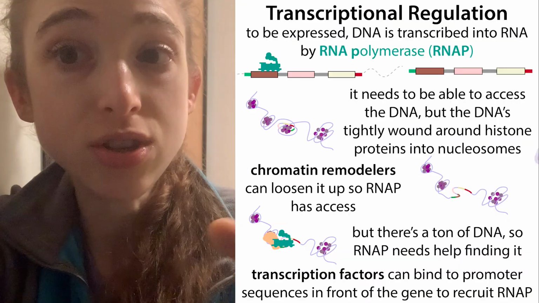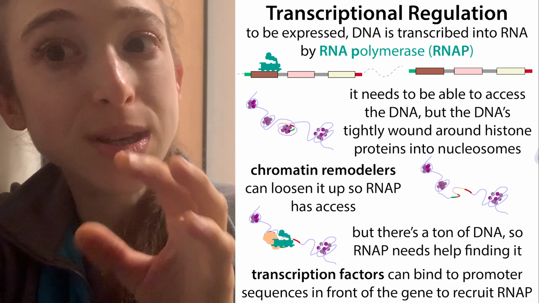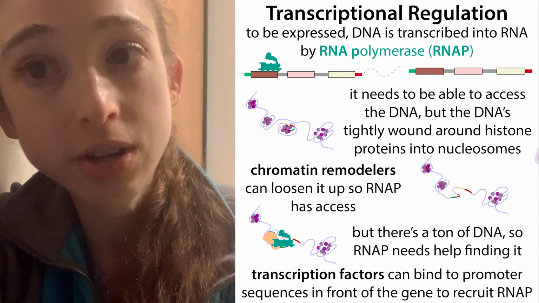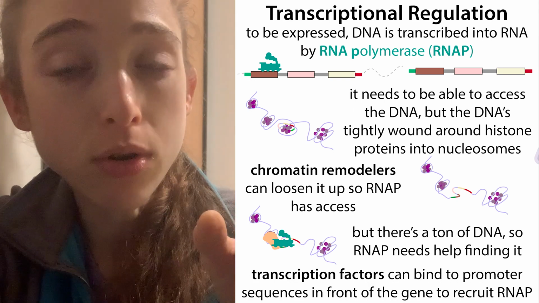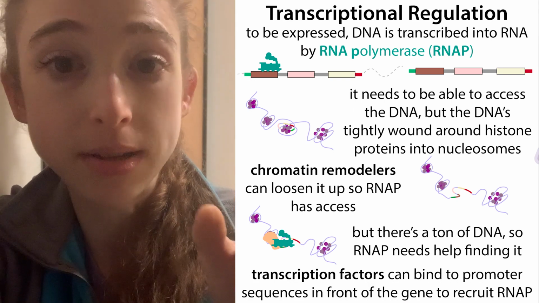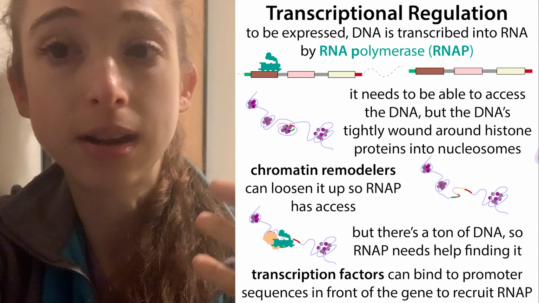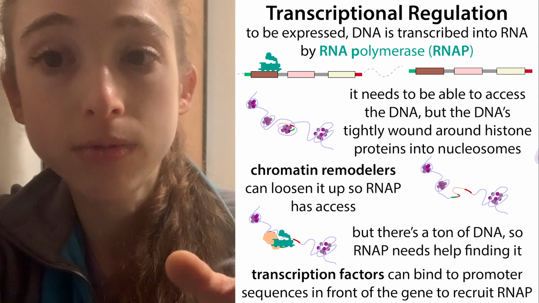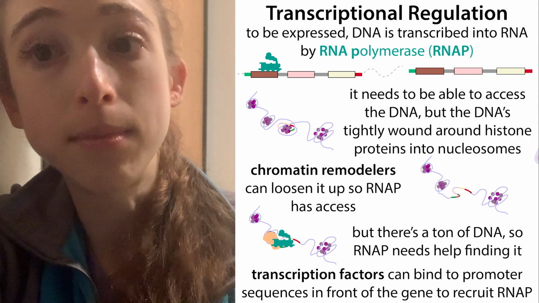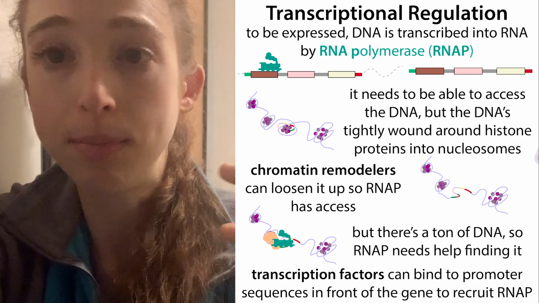So those are a variety of epigenetic modifications that can regulate how accessible the DNA is and when it's used. And if it's accessible, it still might not be used. In order to be used, you've got to get that transcription machinery recruited there and get it going. And so this is where promoter regions upstream of the gene come into play, and transcription factors, typically proteins that bind in that promoter region and help recruit things or keep RNA polymerase from binding.